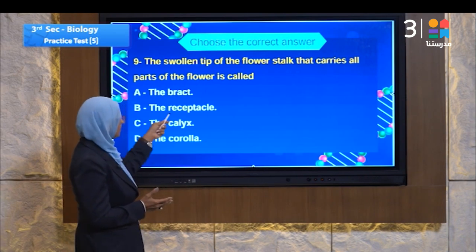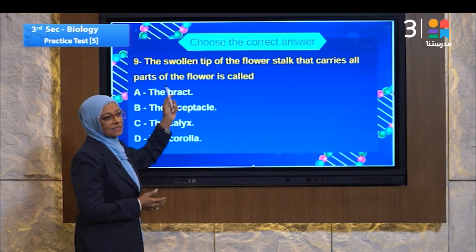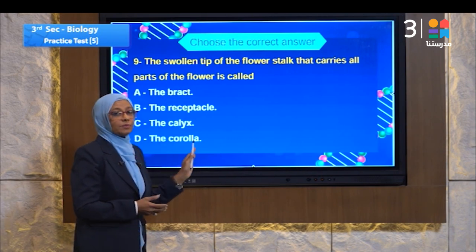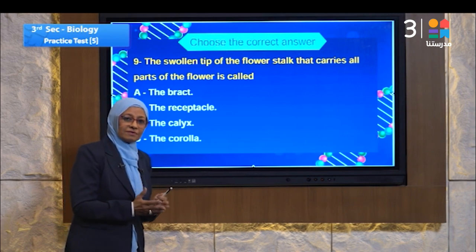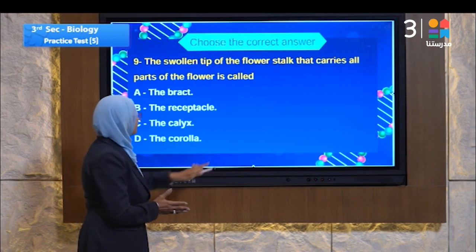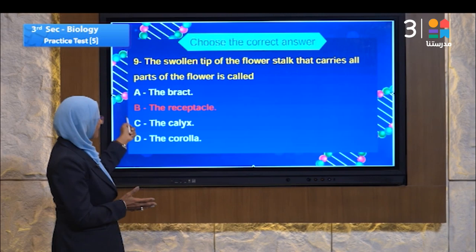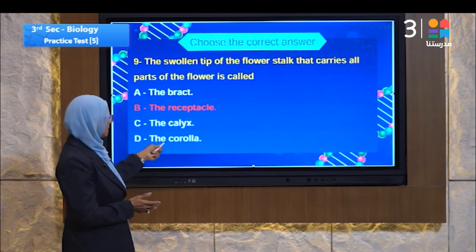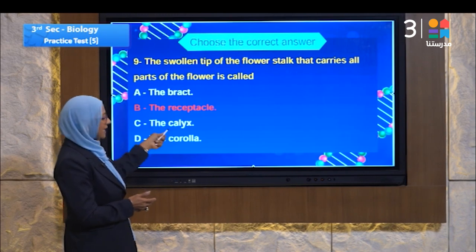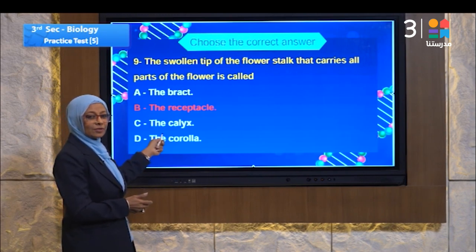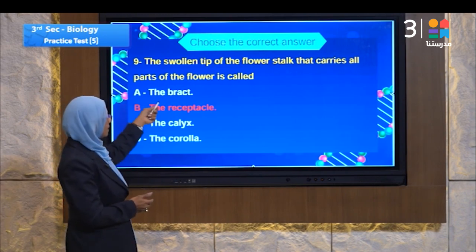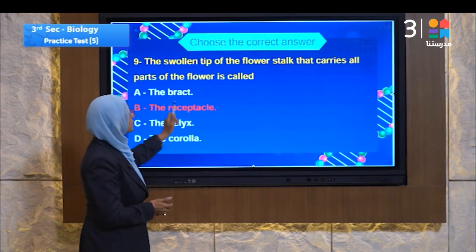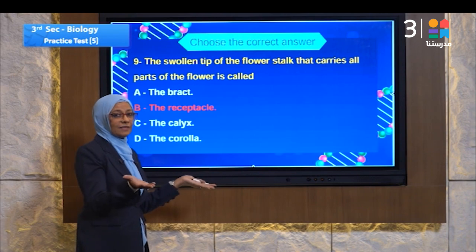So the answer must be the receptacle. The receptacle is the swollen part of the flower which is responsible for carrying all the parts of the flower, and the answer is receptacle. Yes, receptacle. Not corolla, the colored part, not calyx, the green leaves, not the bract, but the receptacle, the swollen part of the flower, which carries all the parts of the flower.